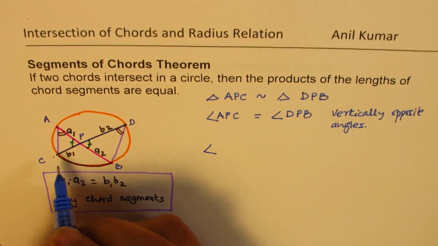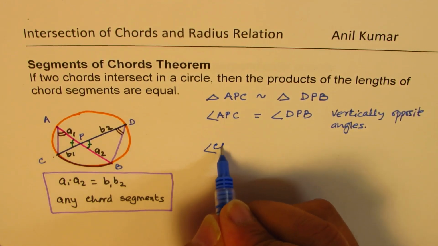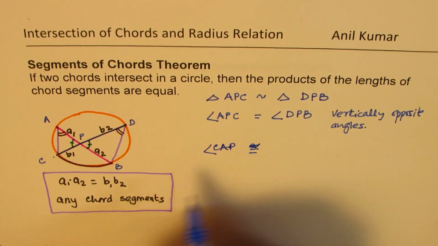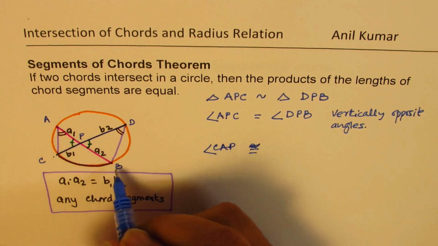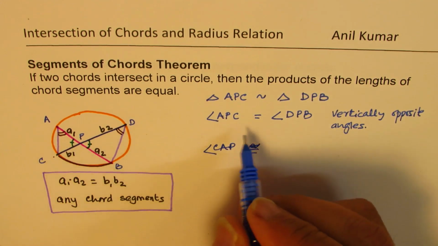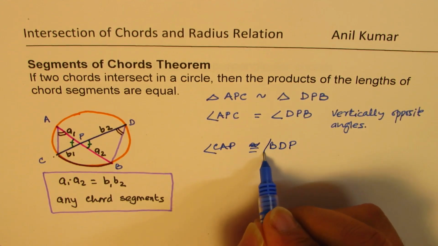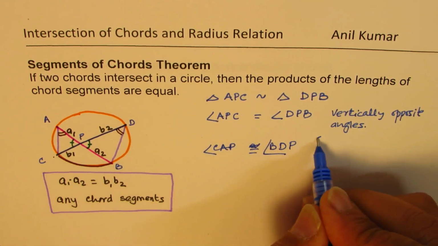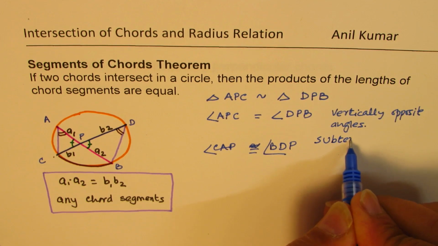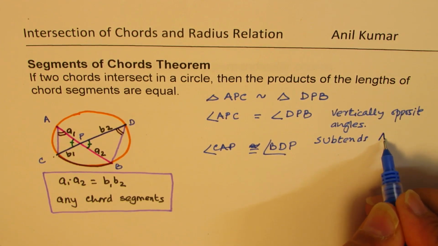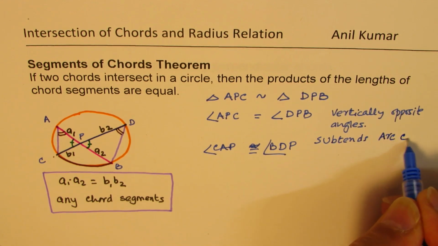And angle CAP is similar, I should say equal to PDB. Let me write like this. Because they subtend arc CB, right?